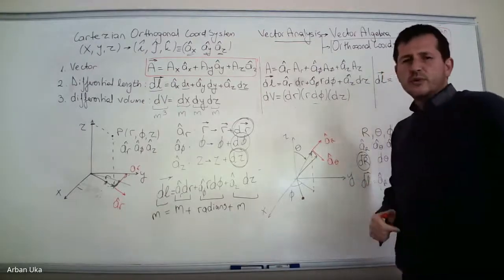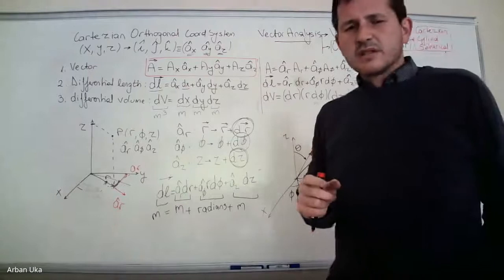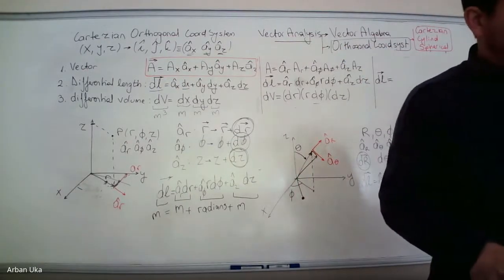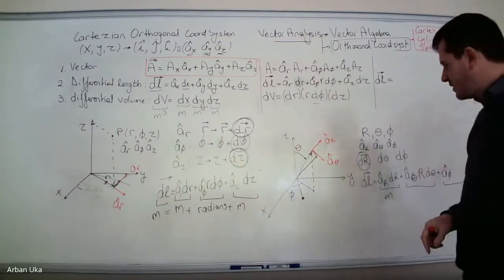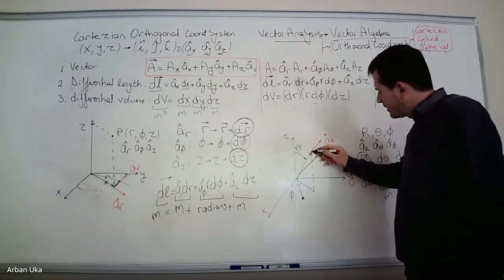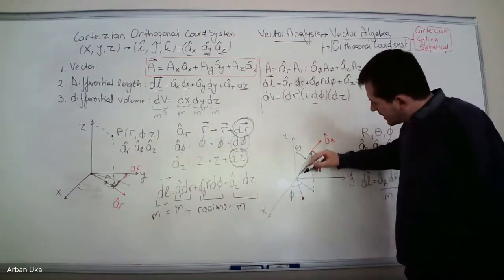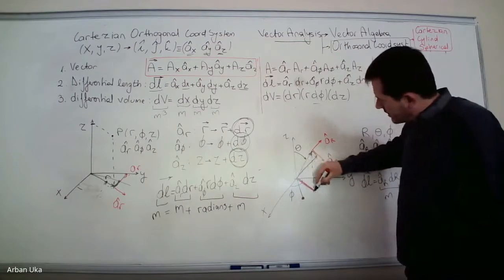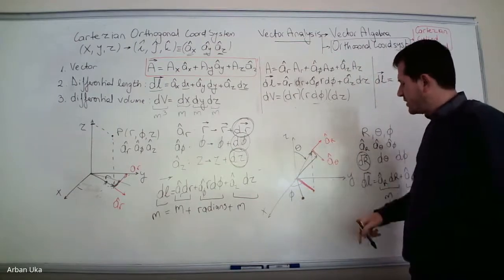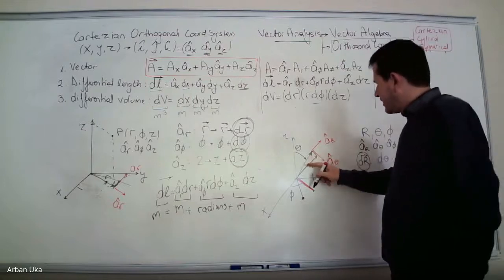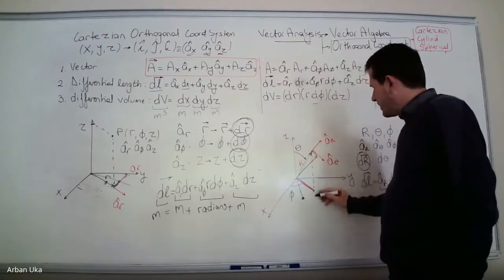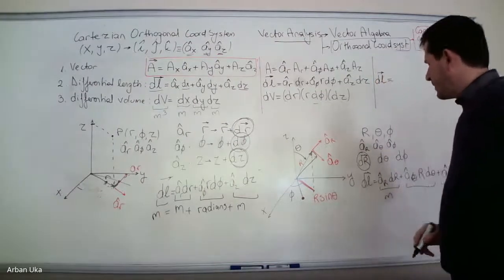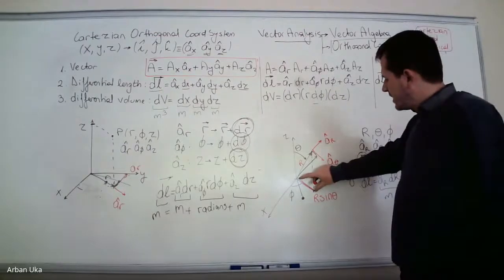But how can we represent the distance in meters whenever we change the angle phi? How can this be described? We can have a look at the length of this vector. The length of the projection down here is, let's not forget, r sine theta. So this is the length here, r sine theta.